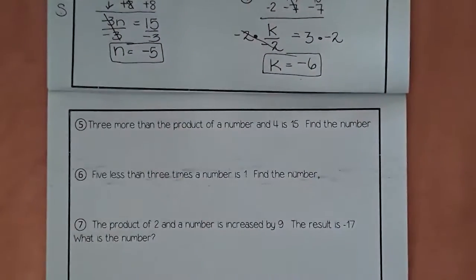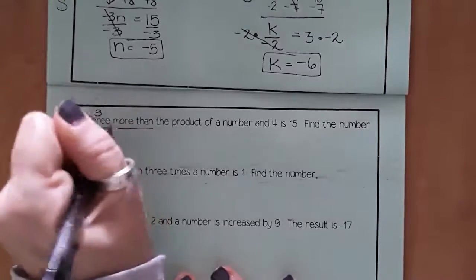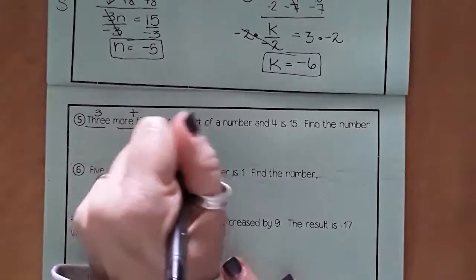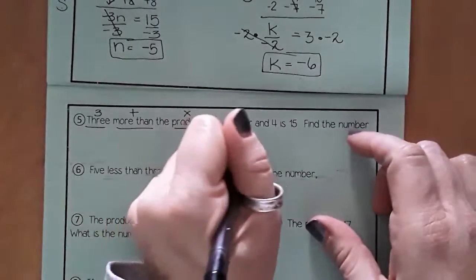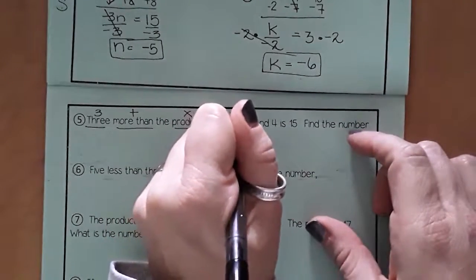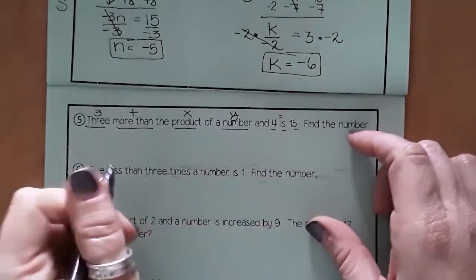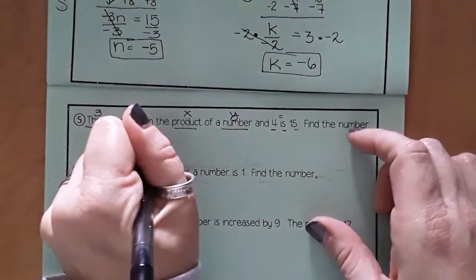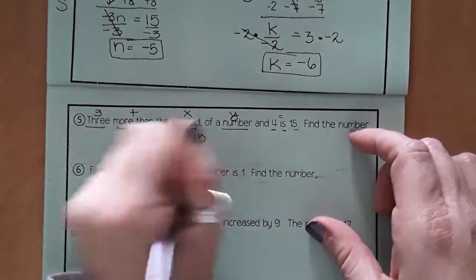All right, let's look at our word problems. It says 3 more than. So 3 more than means to add. The product means to multiply. A number, which is your variable, so we'll say y, and 4 is equals 15. So we're going to say 4y plus 3 equals 15.